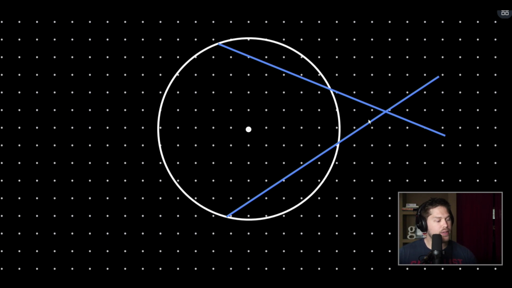Again, we're talking about this white angle in question and how it relates to these two arc measures, this blue one here and this purple one here. This is what we want to figure out, how this angle measure relates to these two arc measures.